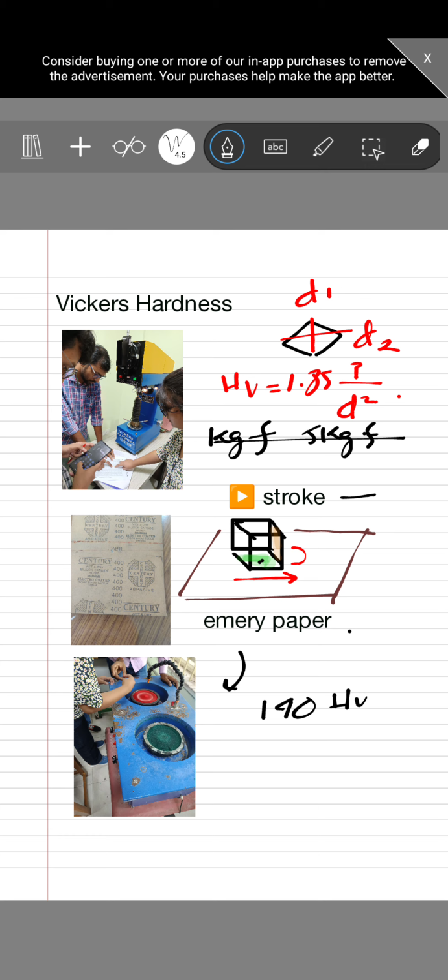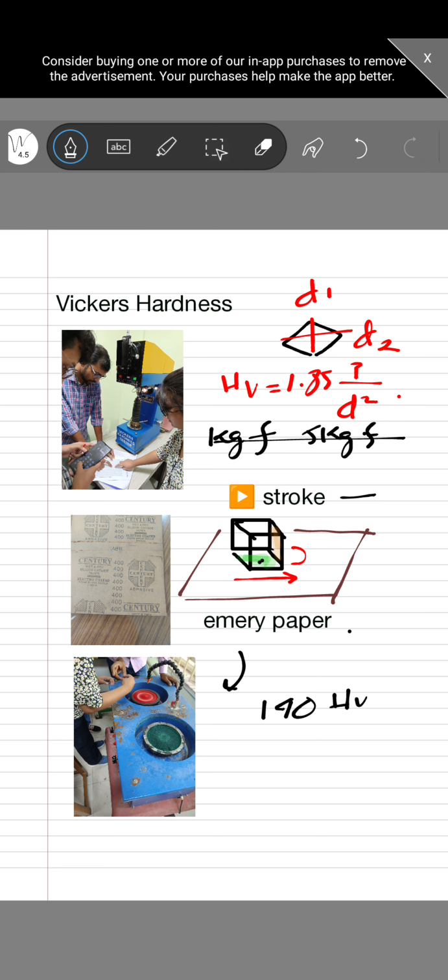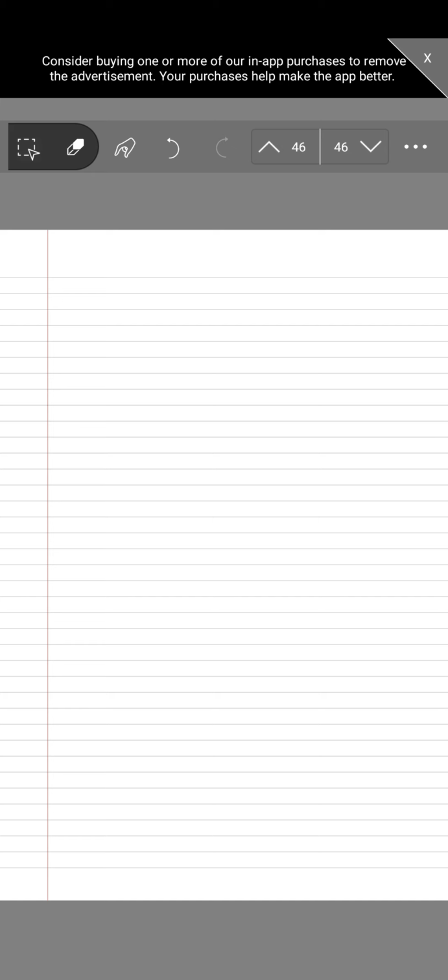Now, after this as prepared sample has been polished and we have seen the microstructure, the process of heat treatment will start. The heat treatment will be done in two categories. The first one we will see is annealing.